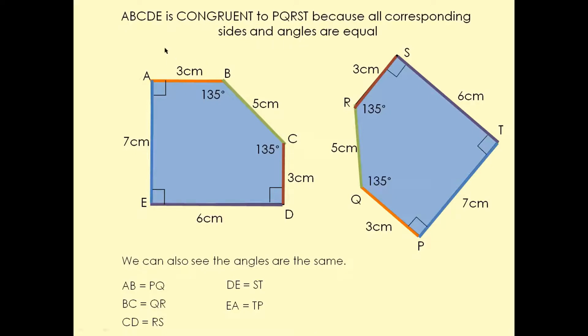And ABCDE is congruent to PQRST because all the corresponding sides are equal and all the corresponding angles are equal. So guys, regardless of what they ask you in the exam, that is going to be your standard answer. So the shapes are congruent. That means there are 2 statements you have to write. The shapes are congruent only if the corresponding sides are equal and corresponding angles are equal.